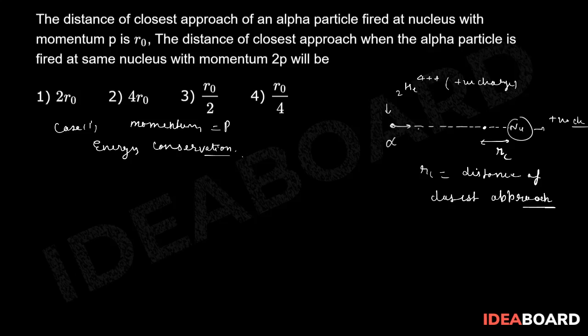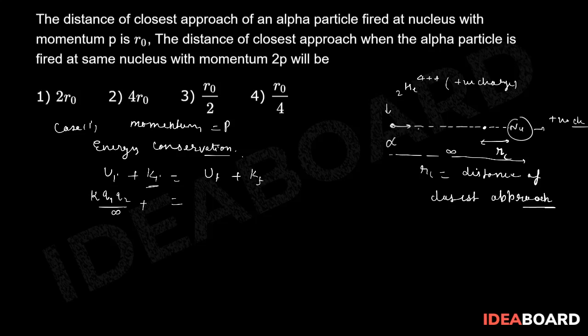If you apply energy conservation, then this distance is pretty far, so I can say this distance is infinite, almost in front of RC. Now I can apply U initial plus K initial is equal to U final plus K final. In this case U initial is going to be K Q1 Q2 by infinite, obviously infinite separation.